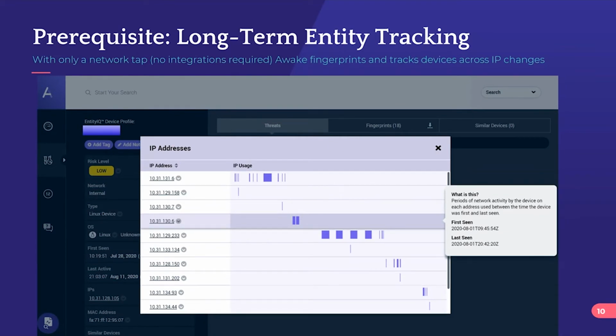Imagine a beacon coming from a device once per week, which is very common that we encounter, especially in malicious scenarios. You have that beacon occurring, but every single day that device has a new IP address, and that's what we see here. And so one of the things that Awake is doing is from the edge of the network.